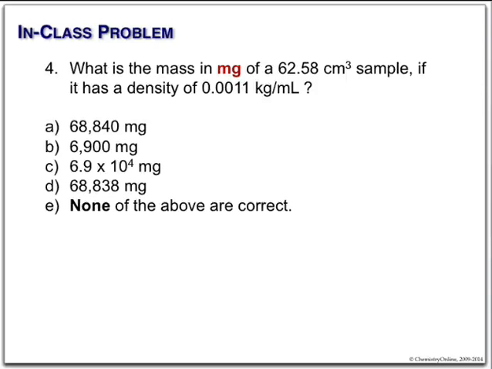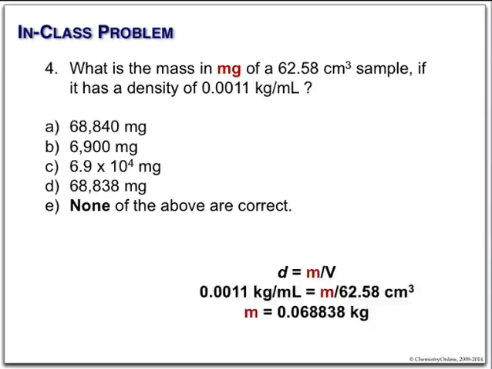But we're going to have to somehow change our kilograms back into milligrams. Take our basic equation, plug our numbers in. Going to solve for our mass here, and we get 0.068838 kilograms.